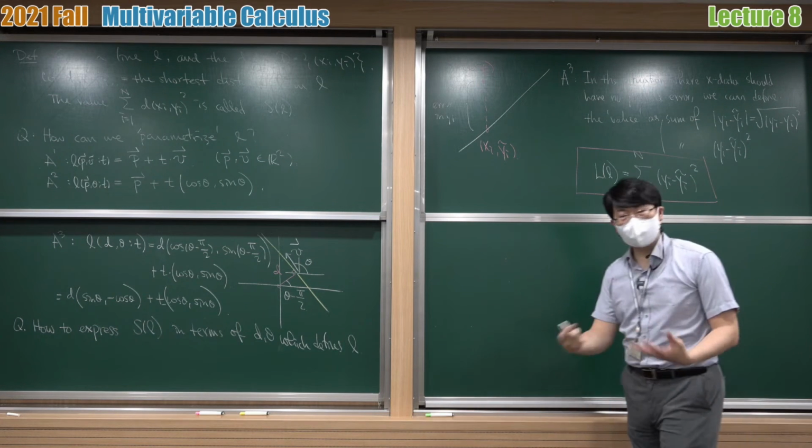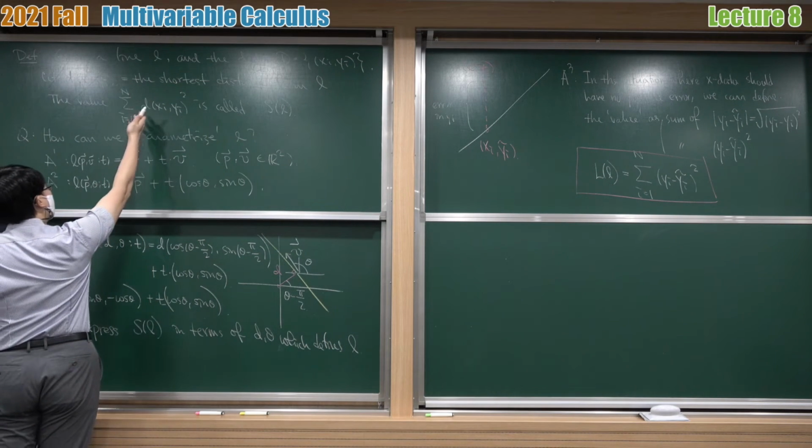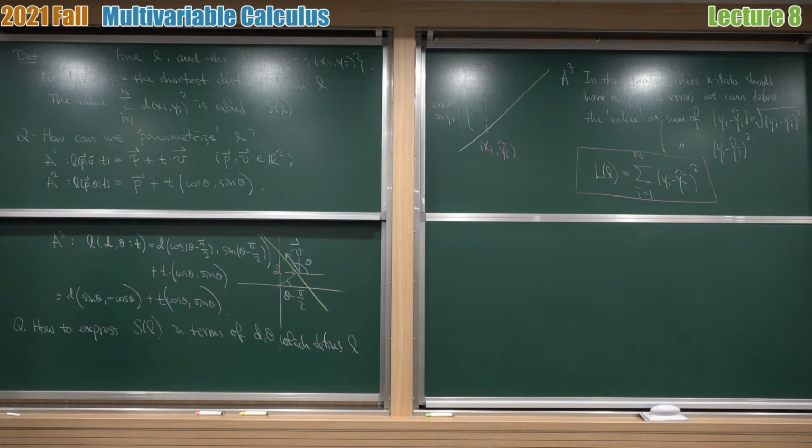How would you do that? So let's break down this question again. First of all, we have a summation, but in the summand, it's only taking the distance between the point and the line.